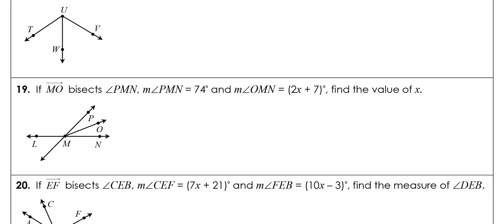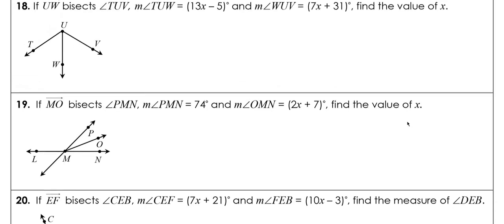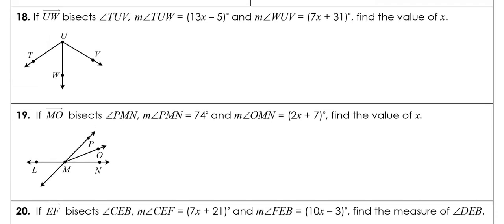So now these ones are using angle bisectors. So let's look at 18. UW is bisecting. So if this is bisecting that, it means that this angle is congruent to this angle. And if they're congruent, then I just have to set them equal to each other. Let's see if that's what it's asking me.